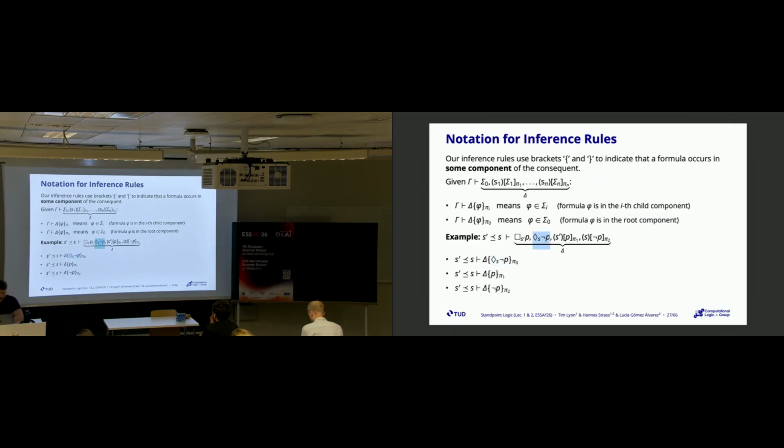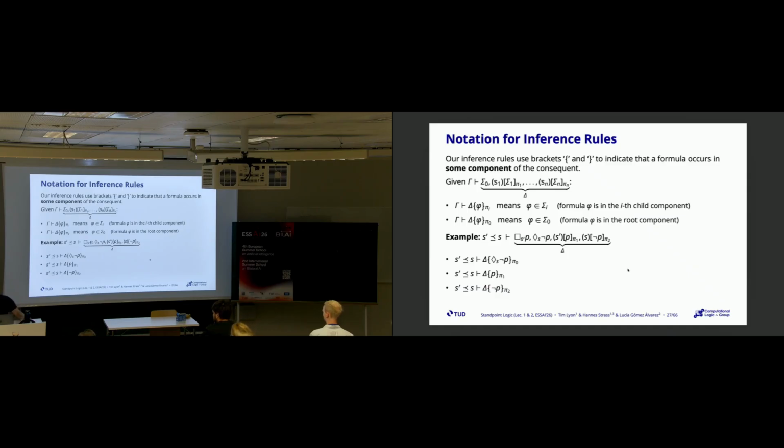Right? I have, for instance, P occurring inside of the pi 1 nesting. So this is a valid representation of this nested sequent in this uniform notation. Similarly, I have not P occurring in a pi 2 nesting, and so I can accurately write the nested sequent in this way as well. And there are other ways I could write it too. I could have, for example, box S prime P occurring inside of here instead.